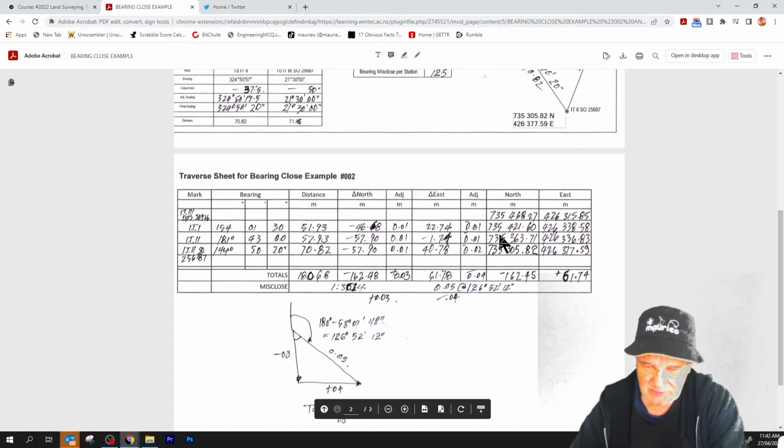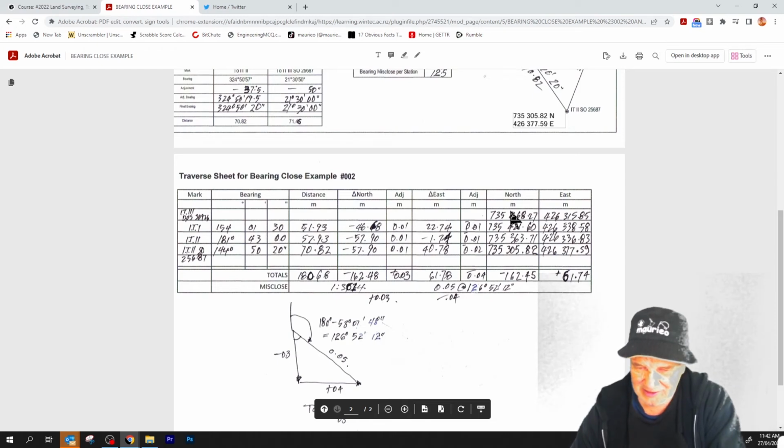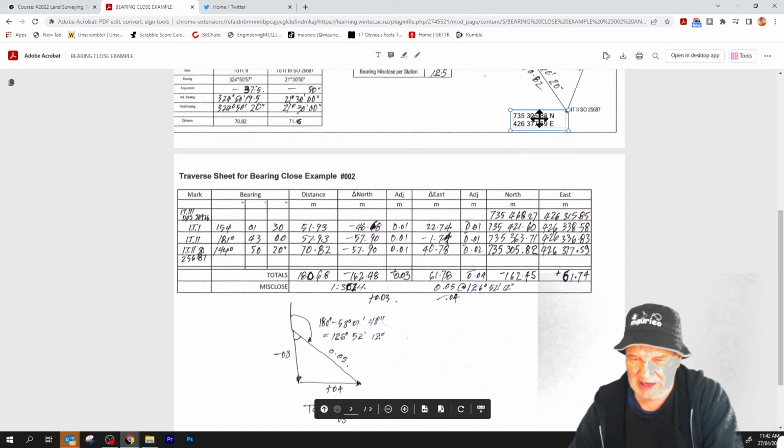Right. So then we apply our corrections. I'll just do the northing, same for the easting: that minus that plus that should give that, minus that plus that gives that, minus that plus that should give that, and it should equal the value that you're given, the known coordinate.